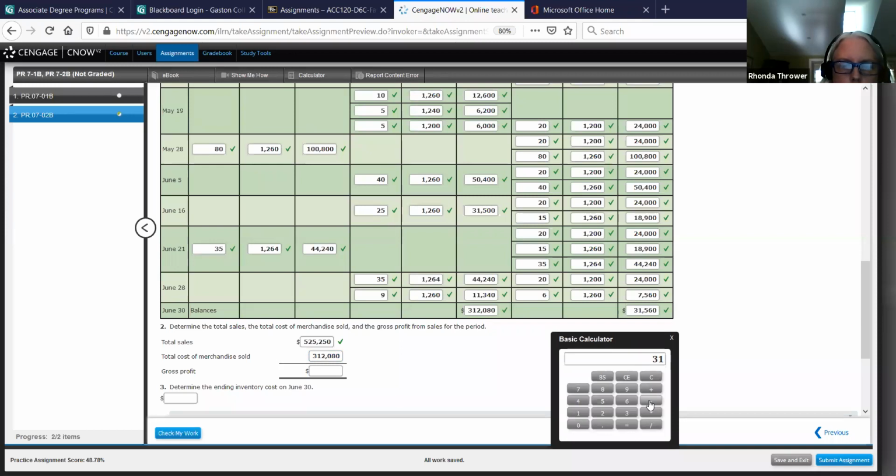So 312,080 would be subtracted from the total sales figure. And that's going to leave us with the gross profit that we have to cover our operating expenses of $213,170.